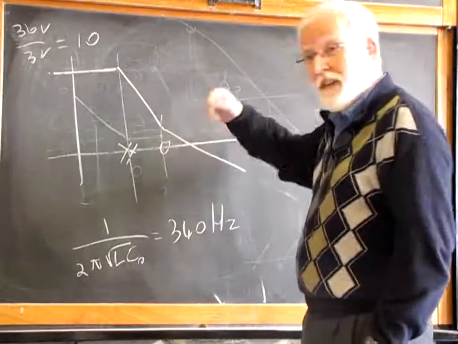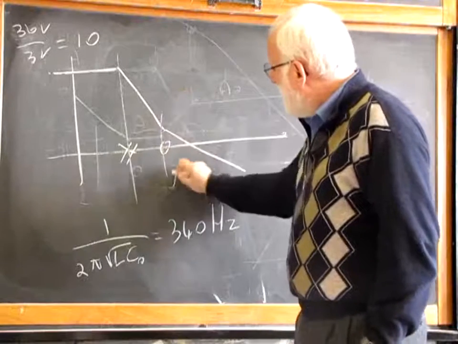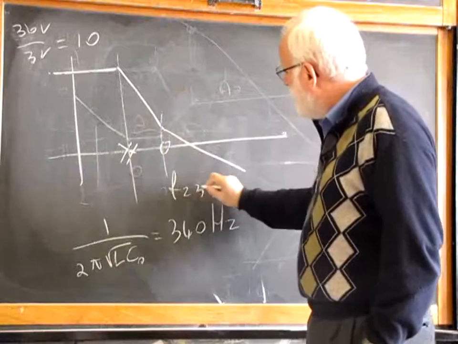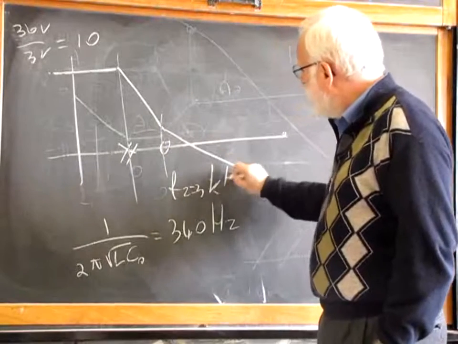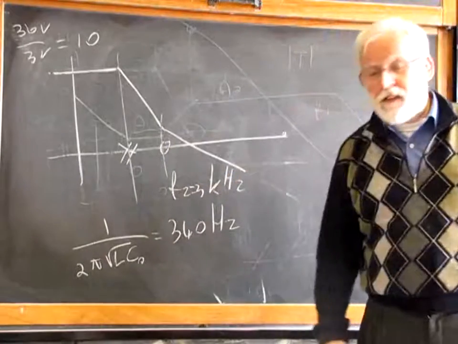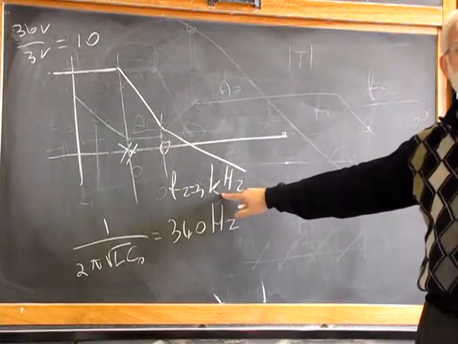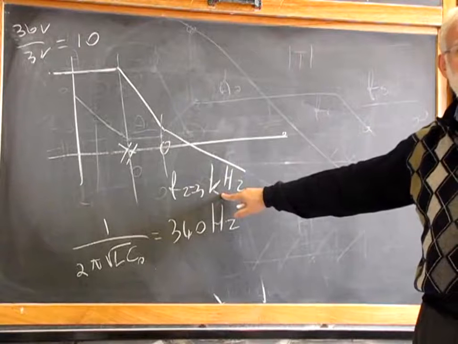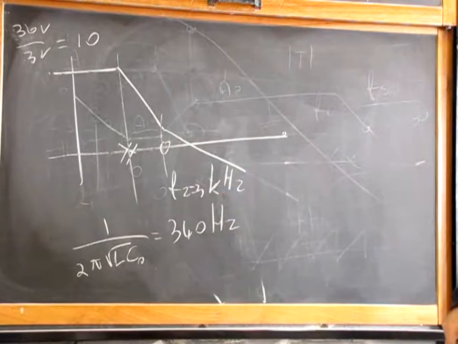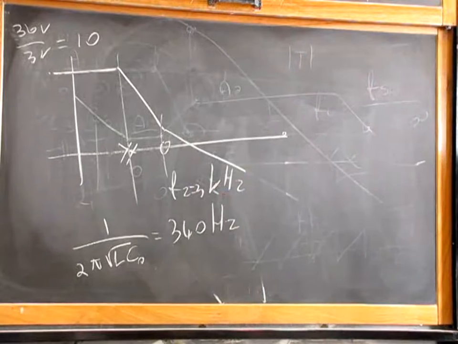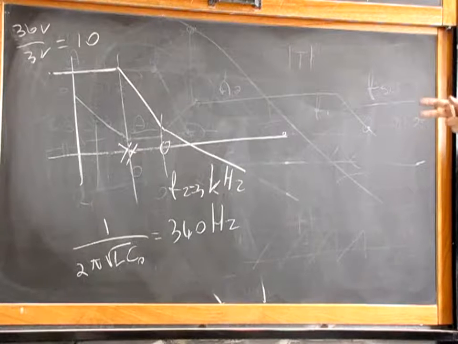In our case, this is a real capacitor. Fz is 3 kilohertz. Please, pretty please, the prefix kilo is lowercase, it's not uppercase. Thank you. Those are basically all the numbers we need from the power stage.